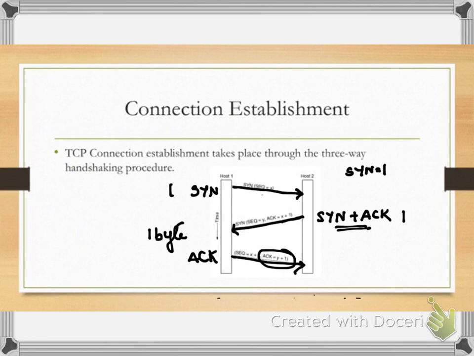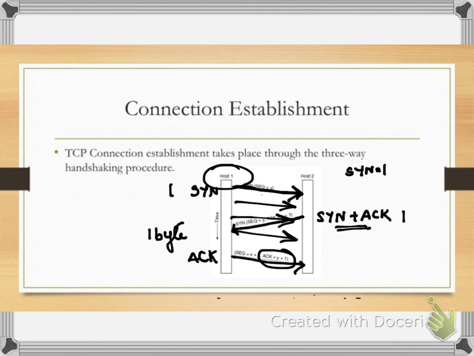Here the host that wants to establish a connection will send a SYN. Now if host 1 is malicious, that means it just wants to disrupt host 2, it will keep on sending SYN messages one after the other.